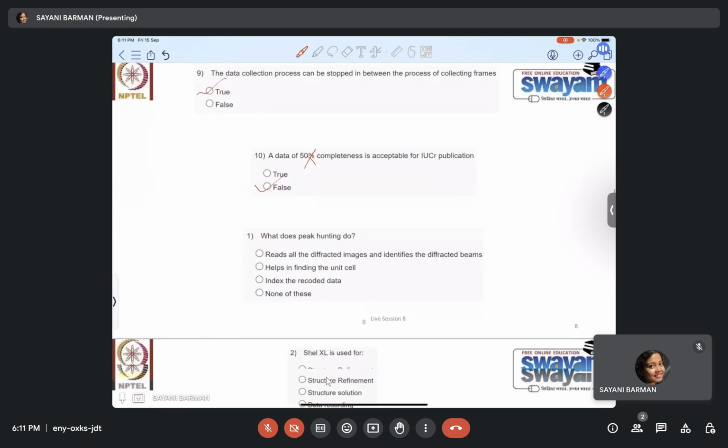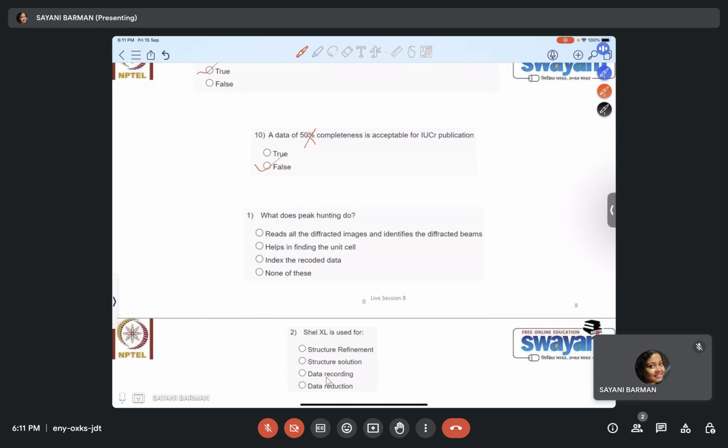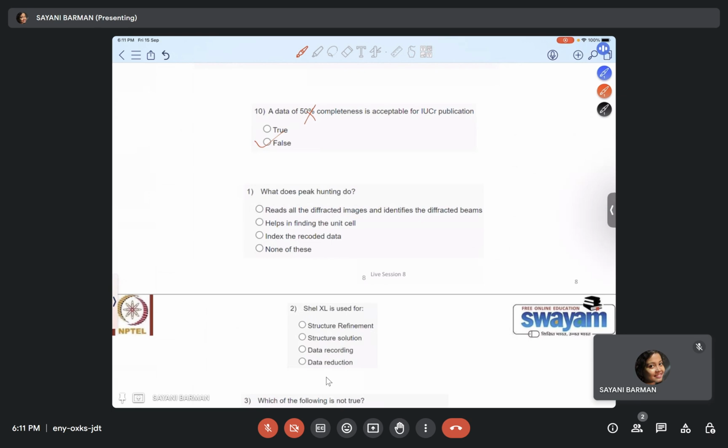Next question is, what does peak hunting do? So these are from the practice set of the week 8. Now, what does peak hunting do? Peak hunting reads all the diffracted images and identifies the diffracted beams from the large number of images that have been recorded, and those images have a variety of spots with different intensities.